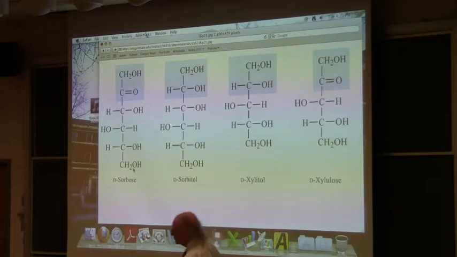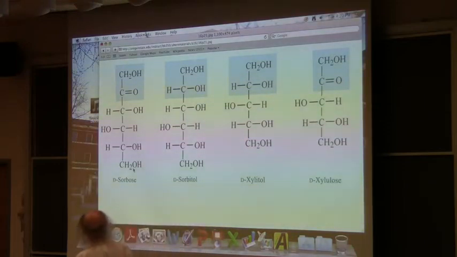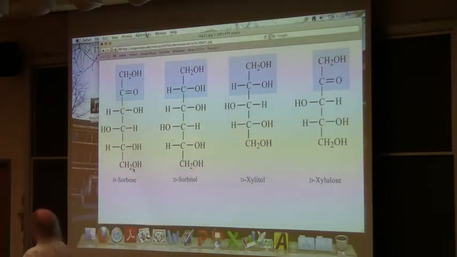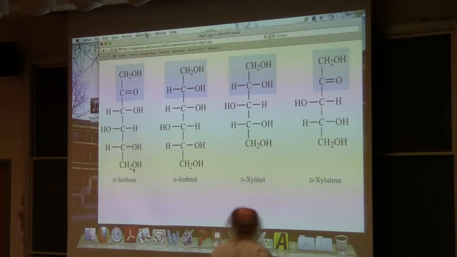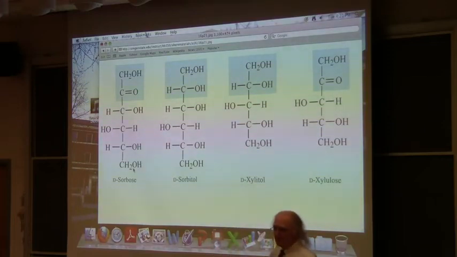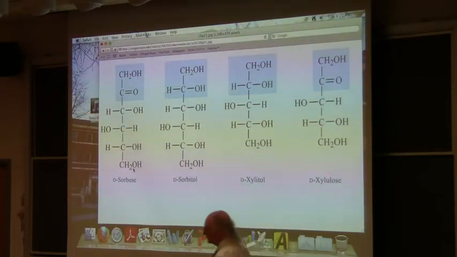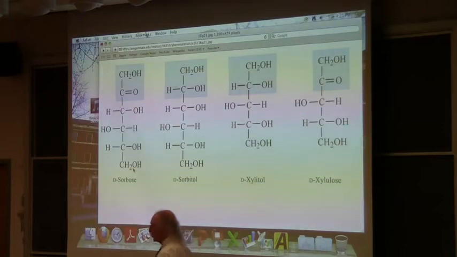If we take a sugar and we reduce it, that is, if we take, in this case, its ketone and convert it into a hydroxyl, we create something called a sugar alcohol. They're also called alditols.